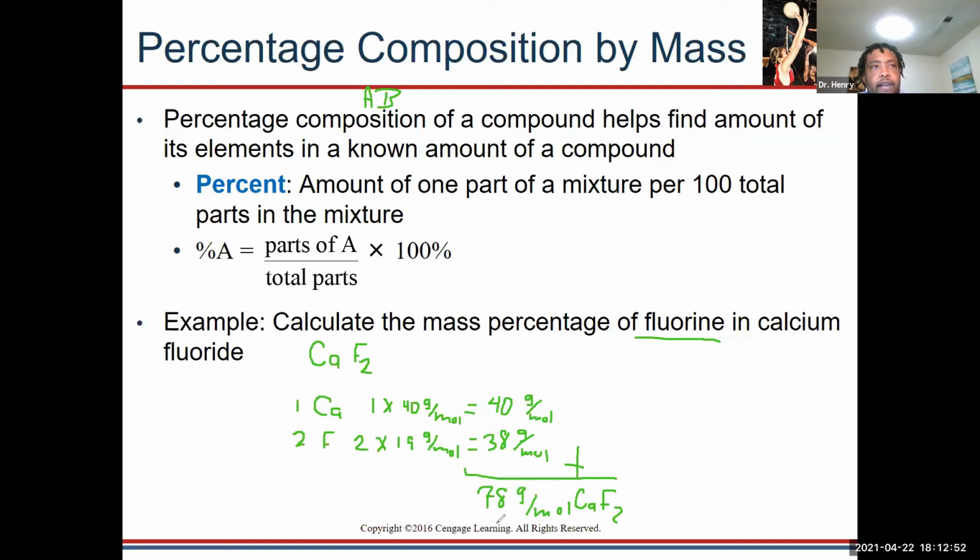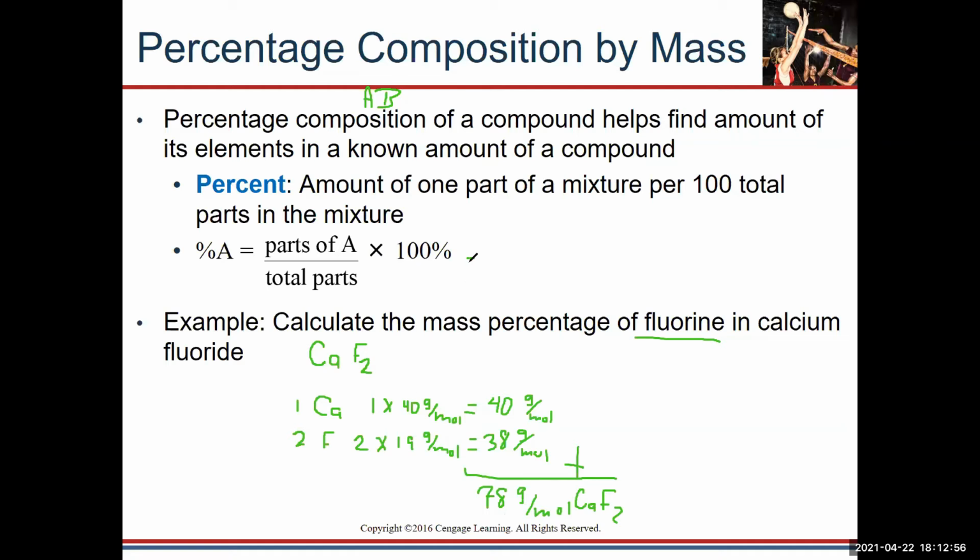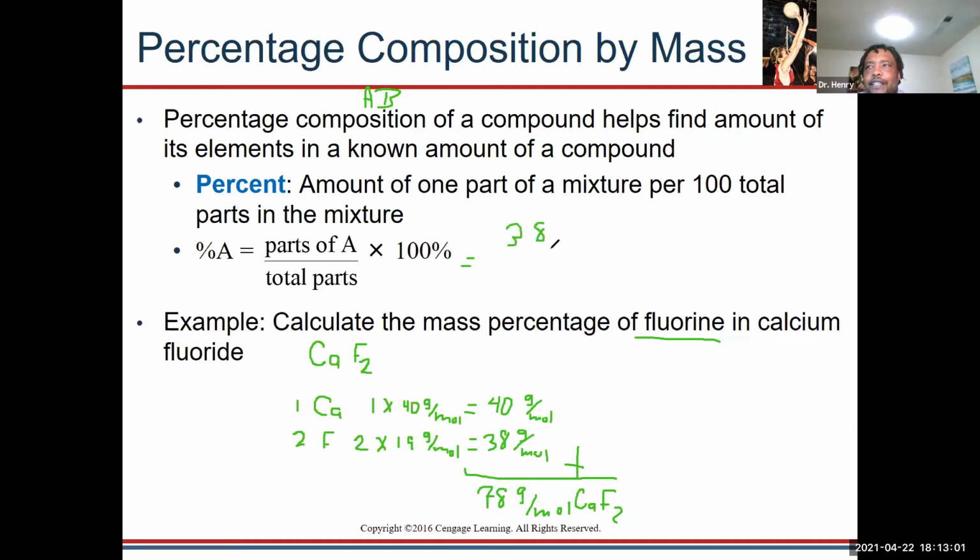So if I'm looking for the mass of the part divided by the mass of the total, what do you think I'm going to do? 38 divided by 78. Exactly. And then we're going to multiply that by 100.